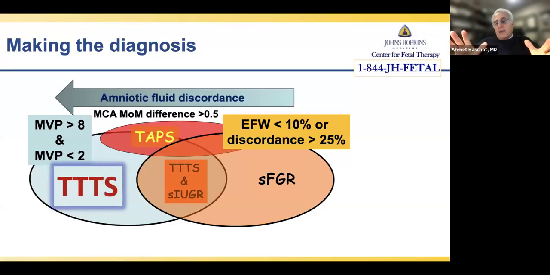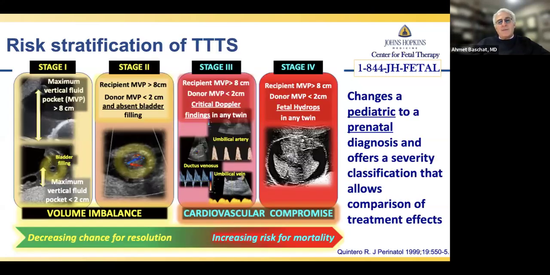So if the predominant clinical picture is amniotic fluid discordance and the condition is TTTS, what should you do? Once you have TTTS, you assess the severity of the condition by the Quintero staging. Multiple staging systems have been described, but at the end of the day, the Quintero staging has stood the test of time. It looks at the bladder filling, the umbilical artery Doppler, the ductus venosus Doppler, the umbilical vein, and the presence or absence of hydrops.